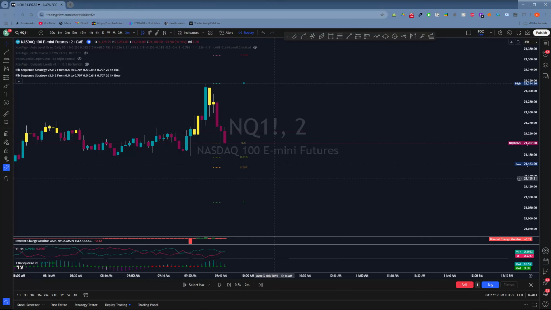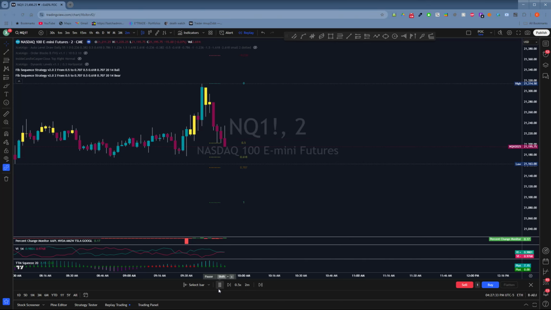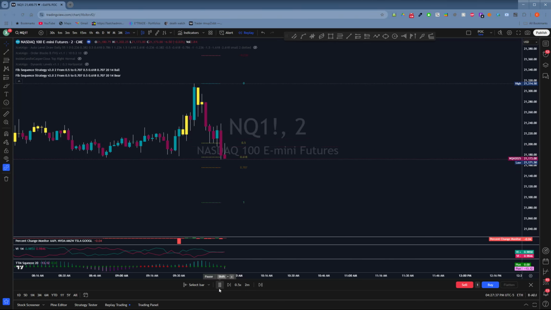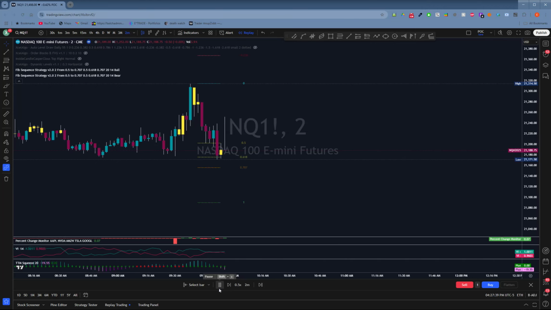You don't have to worry about the mechanics of it, but you have to understand that after an extension, if it's invalidated, this fib will be adjusted from the zero anchor up to this high, and now your new long point will be at this 707. So now I want to see one nice rejection in that 707, and I'll go long.